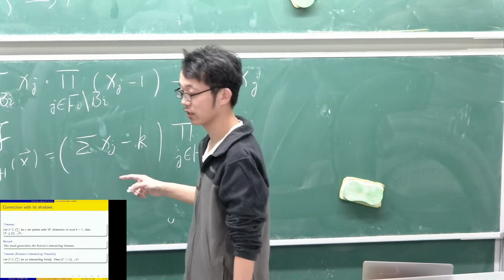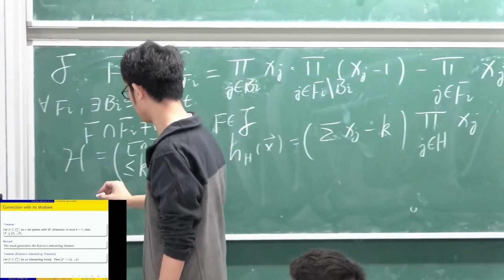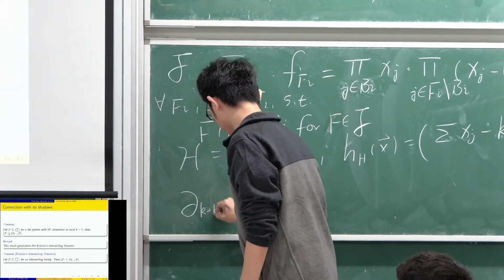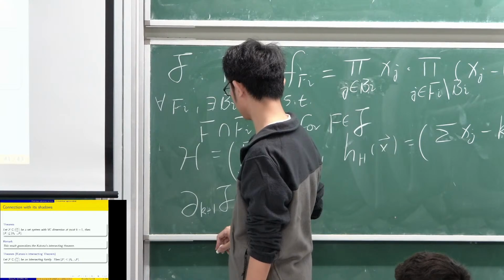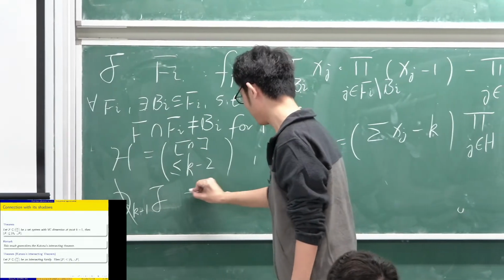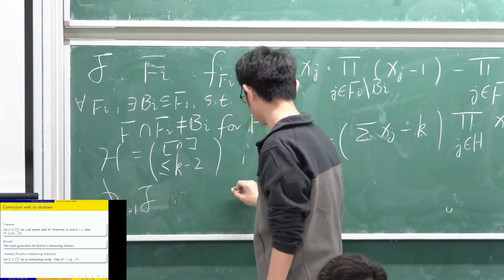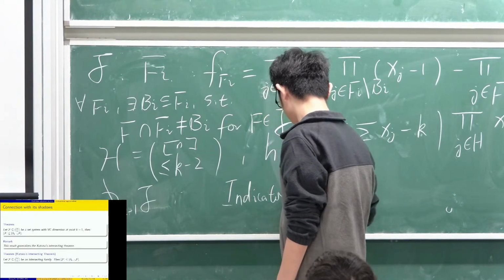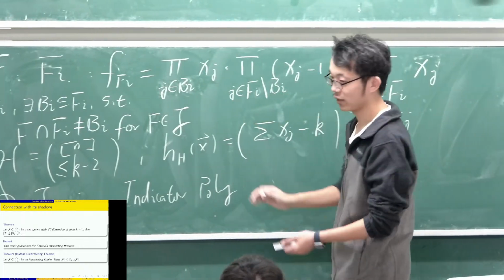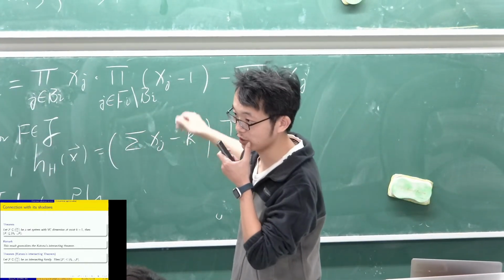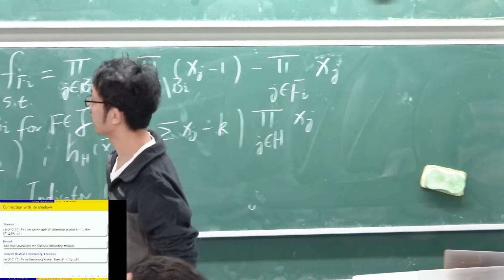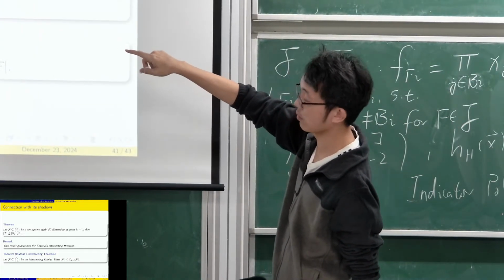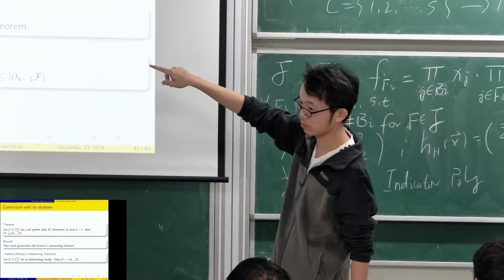This is the second sequence, and the final sequence is the non-shadow. We just use this indicator polynomial, and we can use a similar way to check that those polynomials are linearly independent, which gives that the size of the set system is at most the size of the k minus 1 shadow.